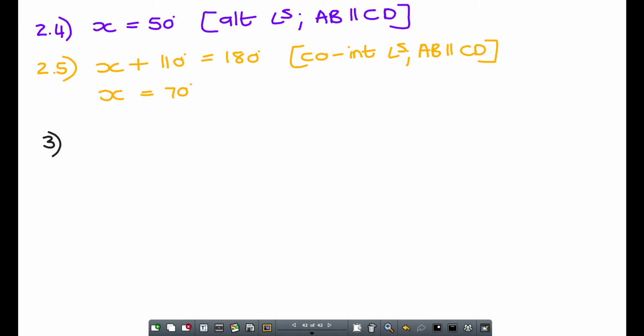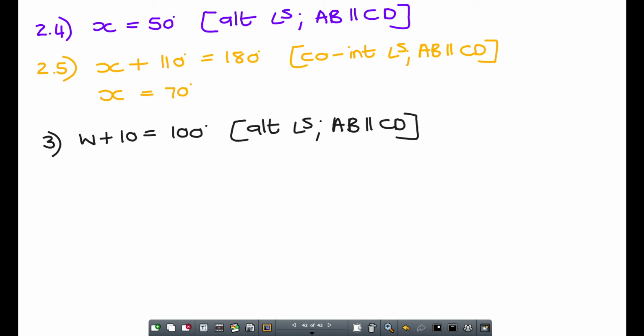So I could say that W plus 10 will be equal to that 100 degrees. I saw a Z, so it means alternate angles. State your parallel lines. AB parallel to CD. Work out what W would be. It would be 90.